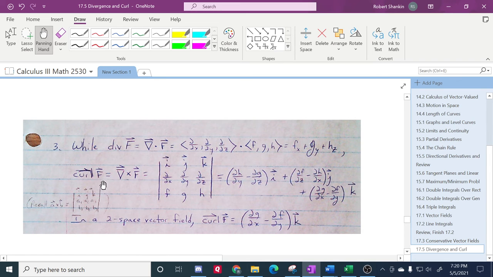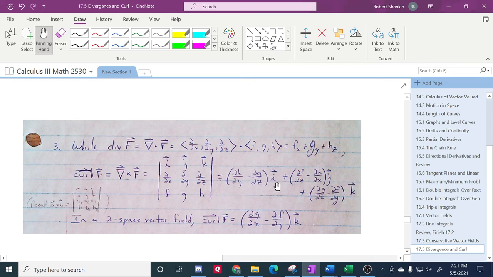And just like we did with cross products, we put I, J, K up top, and we put this one, if it was A cross B, this would go in this row, this goes in this row. Then if you take the first term, I, eliminate its row and column, take the determinant of this matrix, partial of H with respect to Y, minus the partial.